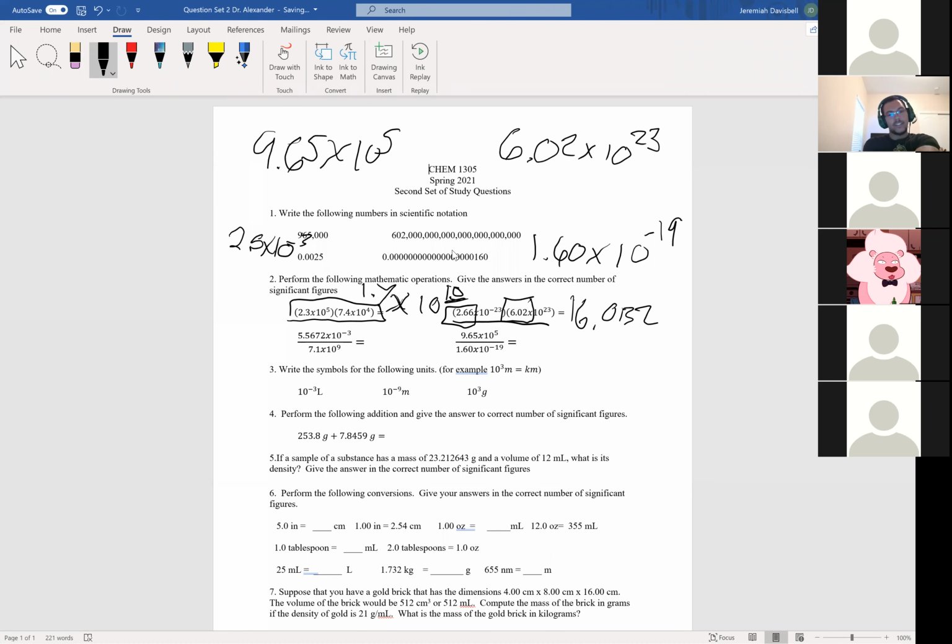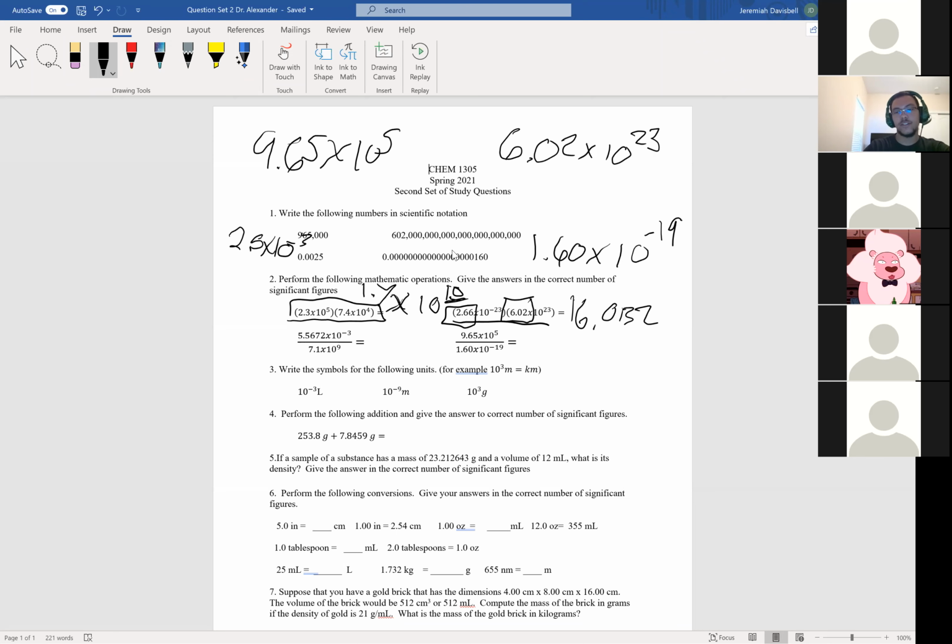And then from there, for number 2, does it say that it needs to be in scientific notation? It just says give it in the correct number of sig figs. So we don't need to change this to scientific notation. So what's the least amount of significant figures that we have? 3.